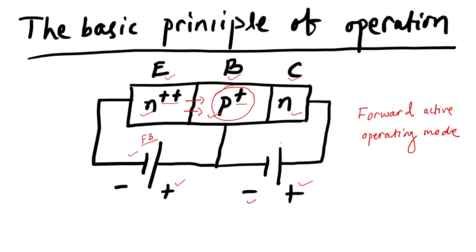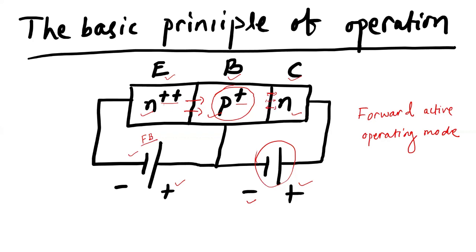The BC junction is reverse biased. So the minority carrier electron concentration at the edge of the BC junction is ideally zero. So there is no minority carrier concentration because this is reverse biased, right?